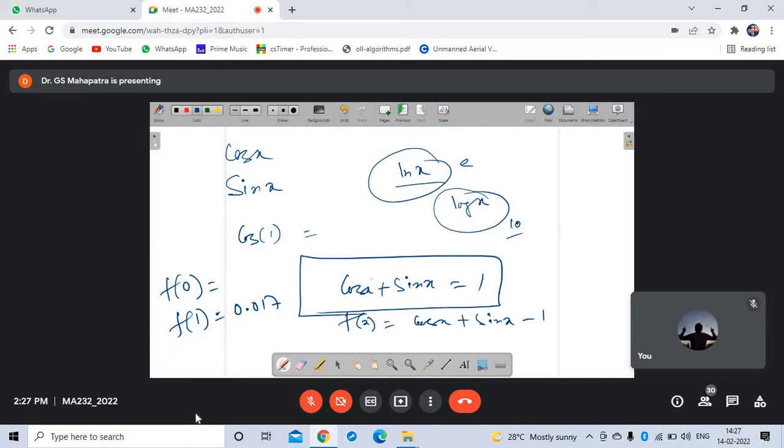But actually these are not degrees if the degree sign is not there. If it is not given in degrees, then all are in radian. Now tell me f of 0 if it is radian, and f of 1, what is the answer?